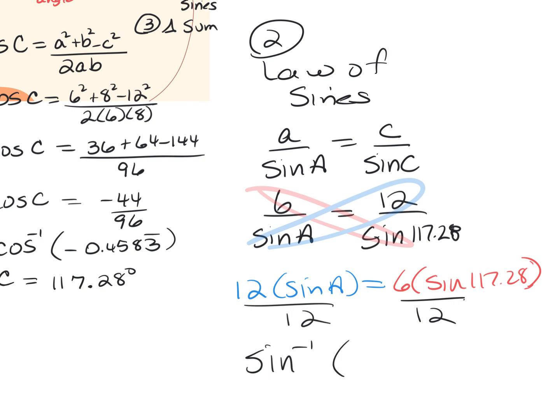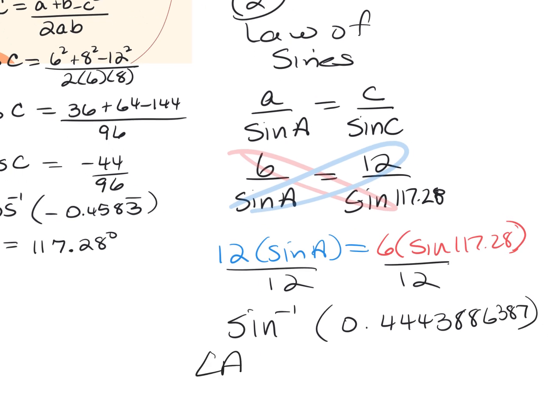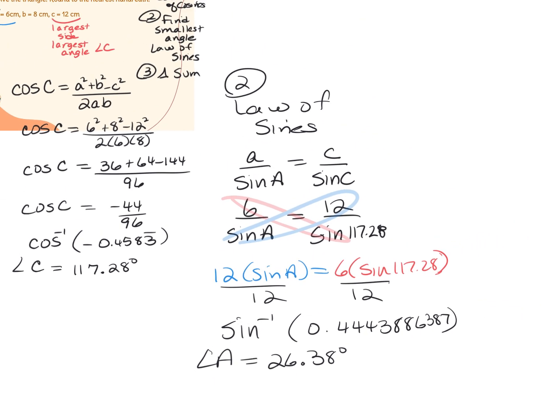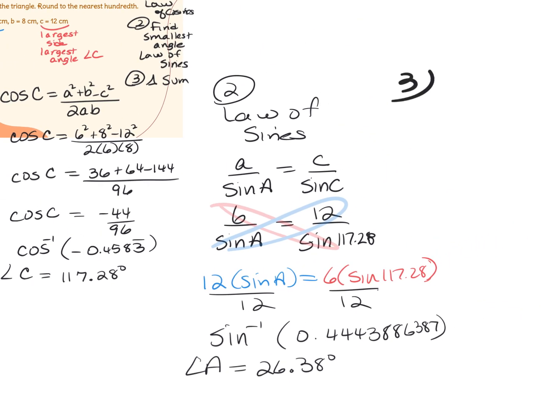And this long decimal is going to be 0.444388637. And then angle A is equal to 26.38 degrees. And now the last step, all we do is triangle sum.